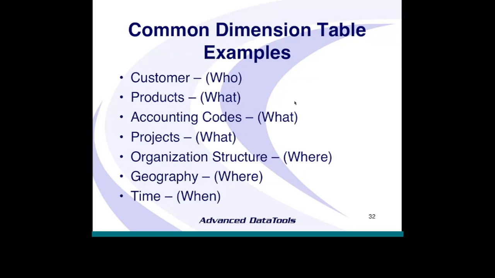And then when? Every data mart, and this is one of the first ones you want to make a common one, is a time dimension. Every data mart has a time dimension or time component. And that can be real interesting to put together. Worked with Department of Agriculture, and one element to time that's very interesting is crop seasons. Every crop has a different season.